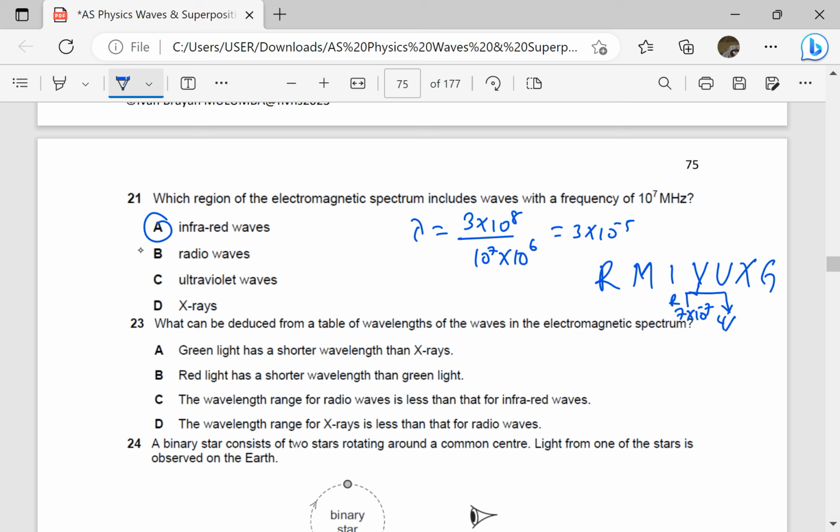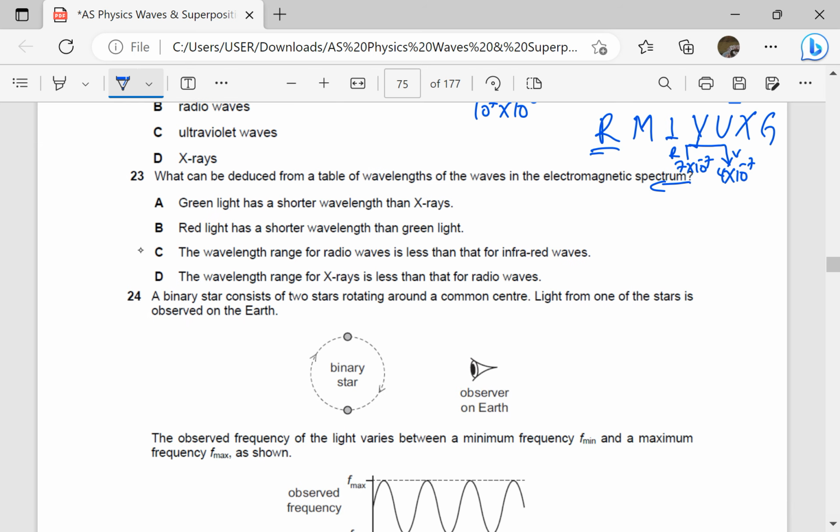The other one is 4 times 10 power negative 7 on the left hand side, which is violet. So power -5 must be on the left hand side next to visible, which is going to be infrared, because radio waves would be far, ultraviolet is on the other side, X-ray is on the other side.